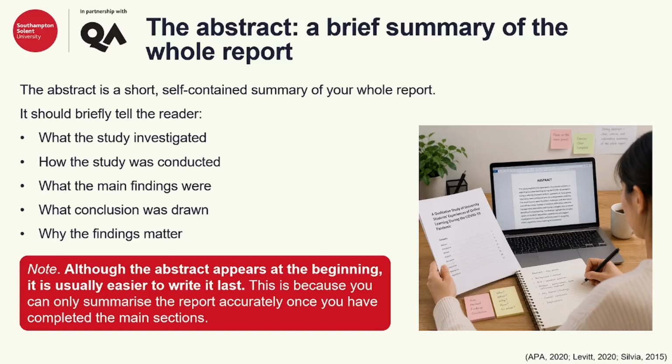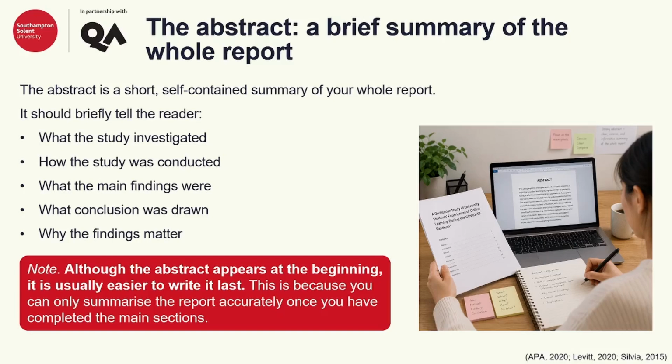Writing the abstract last does not mean that it should receive less attention. In fact, summarizing a complete study within a limited number of words can be challenging. You need to make careful decisions about what information is essential and what information can be omitted.